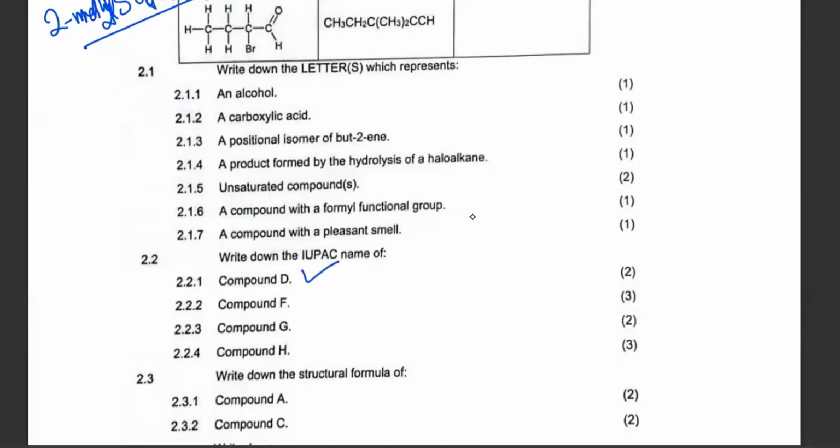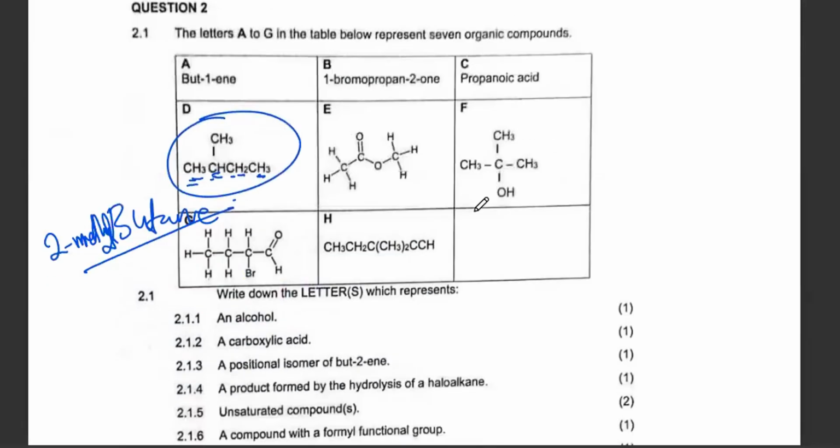Write down the IUPAC name of F. So we are looking for F. Where is F? F has an alcohol. If I take this to be the longest chain, it's going to be 1, 2, 3. So since it is 3, it's going to be propan.